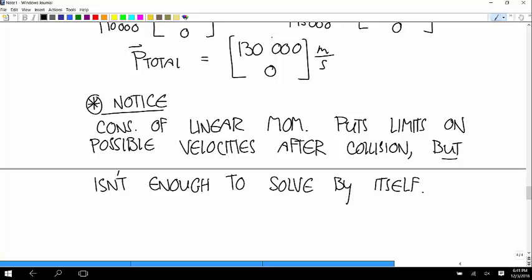If they're rocks, they're going to bounce apart in a different way. If they're Play-Doh or something, they're just going to smush and stick together and fall down. So it makes sense that conservation of linear momentum isn't enough to determine everything about how a collision works. If you want to determine everything, you need more information, which basically comes down to a mathematical description of what the two objects are made out of.